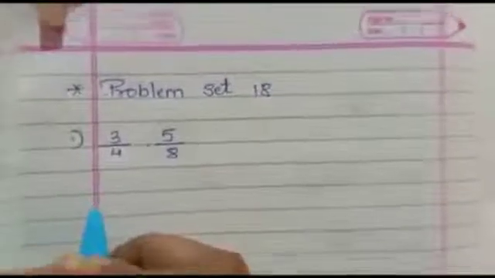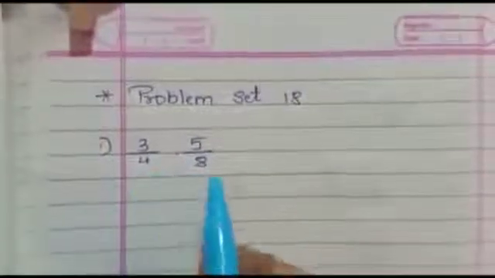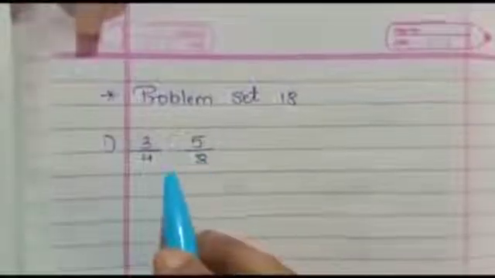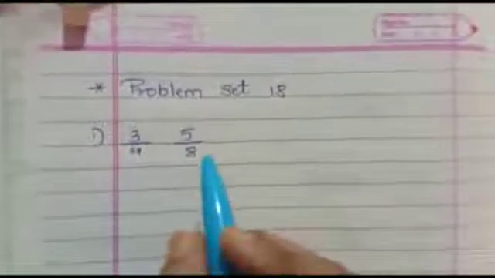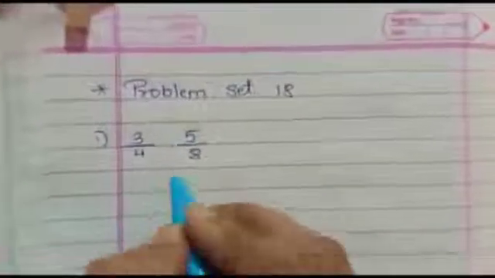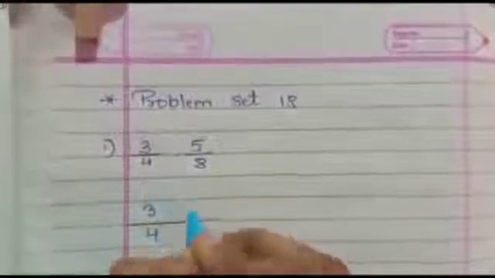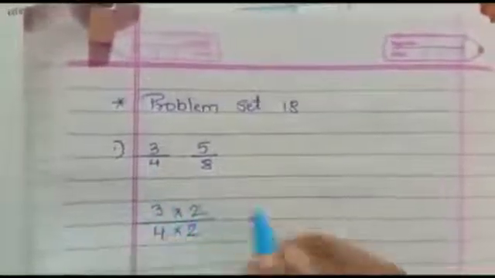So what you are supposed to do is, in the denominators, which number is less? 4. And the bigger number is 8. Is 8 coming in 4's table? Is 8 divisible by 4? Yes. 4 how many 2's are 8? 2's. Therefore 3 upon 4: 4 2's are 8, so 4 multiplied by 2, and here also it will be 3 multiplied by 2.